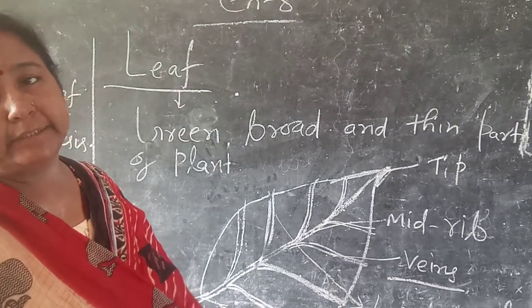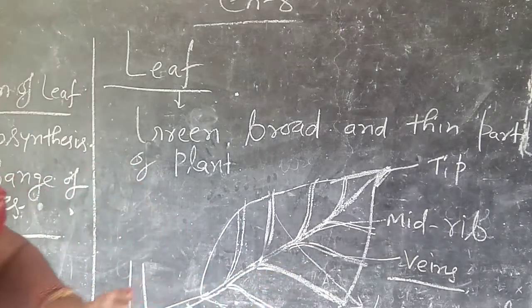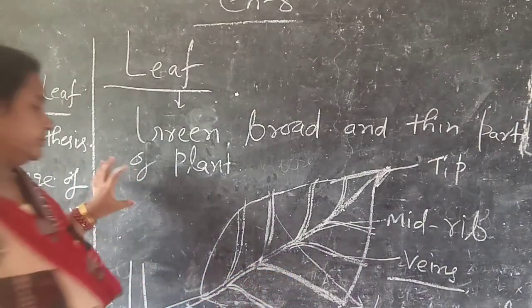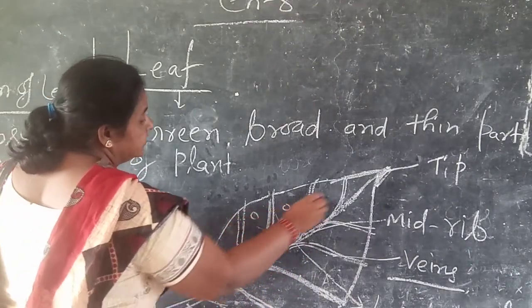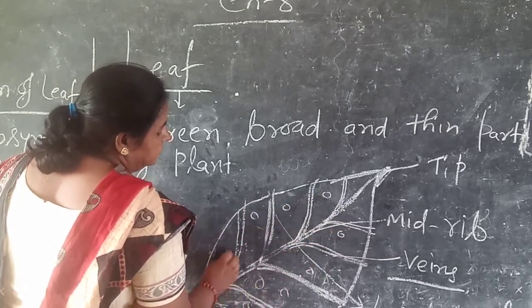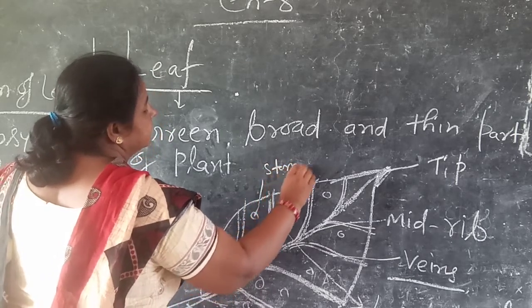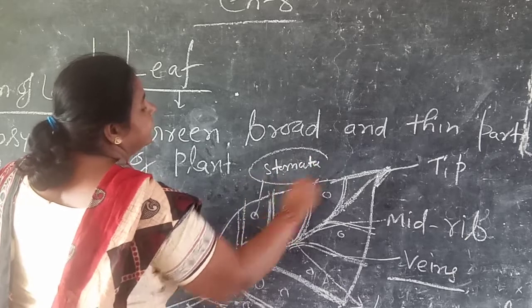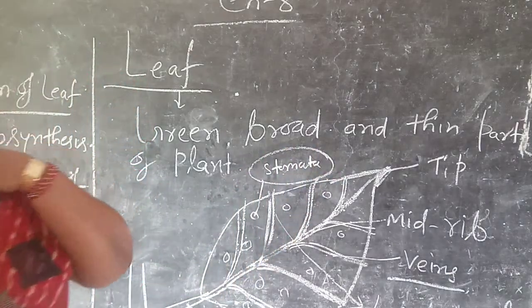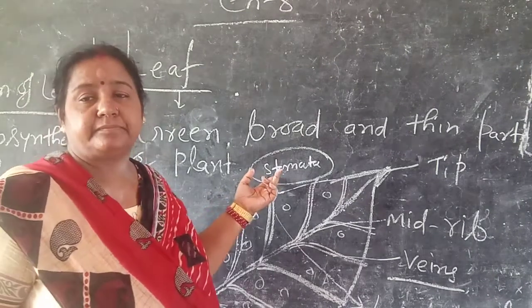You know also that small pores are found here. Small pores on the ventral side of leaf are found. Those are called stomata. And through stomata it exchanges the gas.